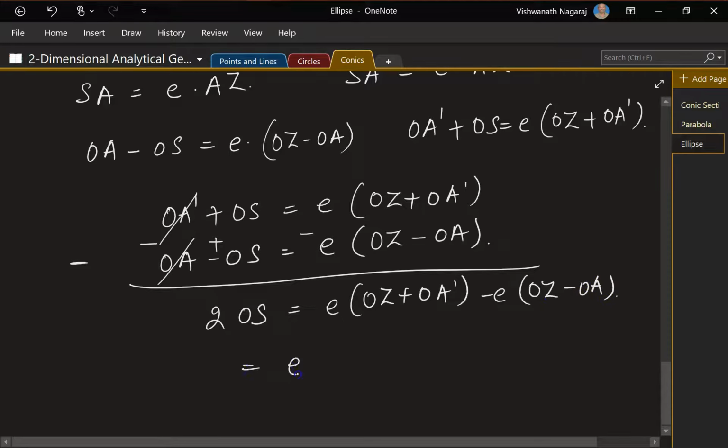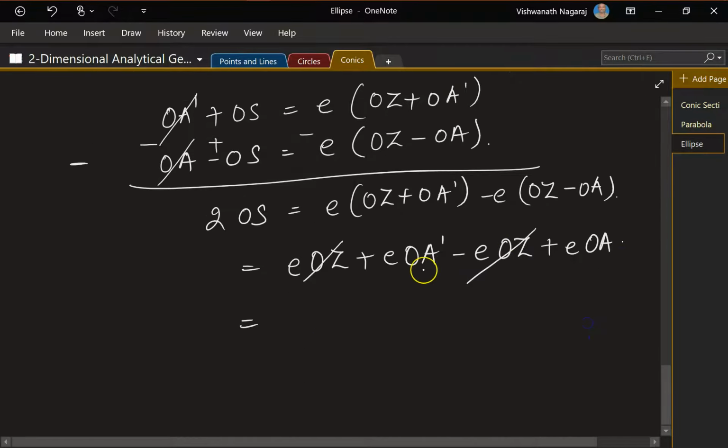Let's open it up. EOZ plus EOA prime minus EOZ plus EOA. These two get cancelled. And remember, OA prime and OA are equal, and they are equal to A.